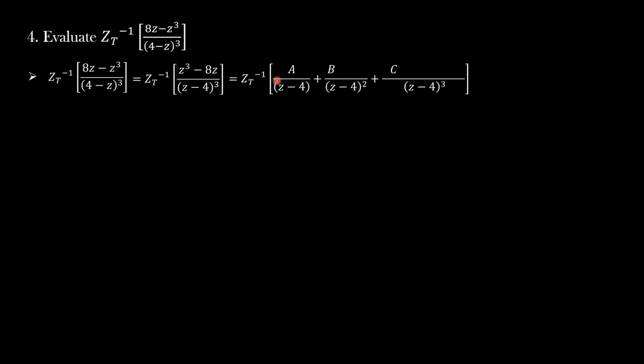Since z - 4 is in the denominator, multiply z to the numerator. And in the second term, (z - 4)² is in the denominator, so multiply 4z to the numerator. Similarly, (z - 4)³ is in the denominator, so multiply 4z² + 16z to the numerator.